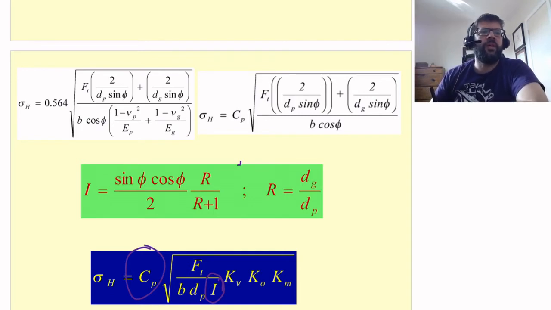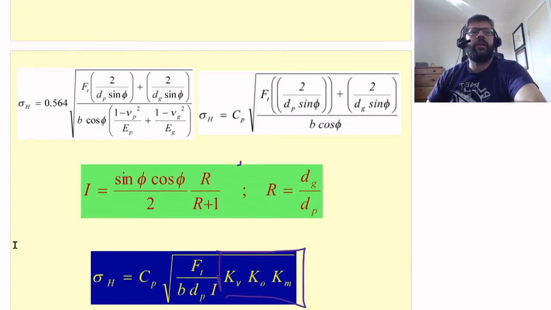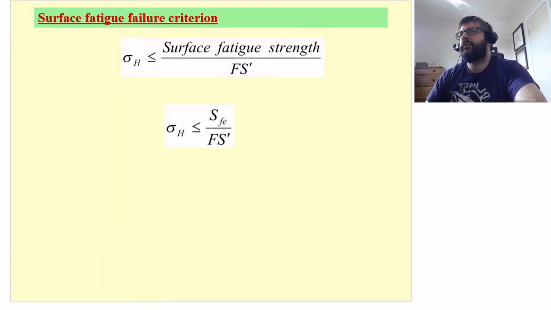We have the width of the gear, the diameter of the pinion, the tangential force, and then these three correction factors here: kV, kO, kM. Guess what? We saw those already, when we were talking about fatigue failure. Those occur here too. Same calculation, same values used.